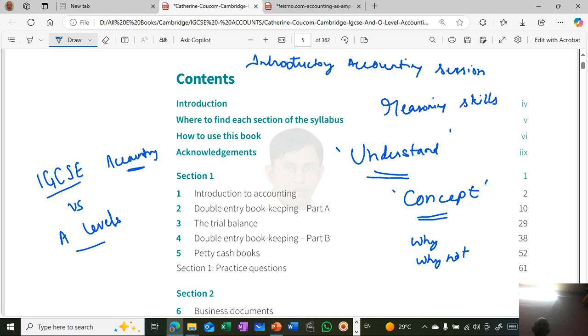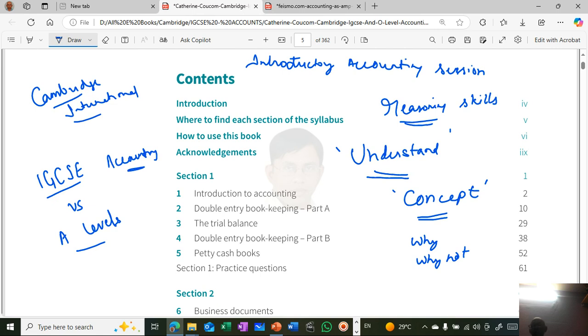This is the speciality of the Cambridge International Board. Reasoning skills should be very strong, your concepts should be very clear, and you should have understood the subject.